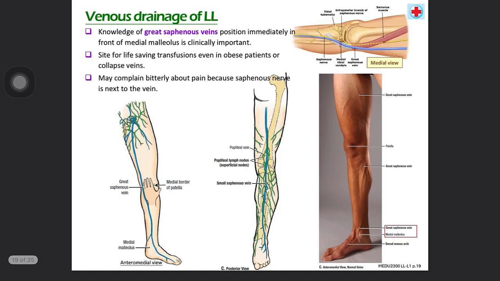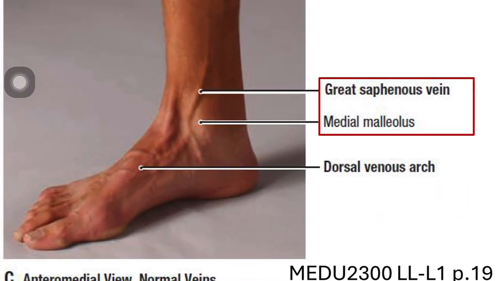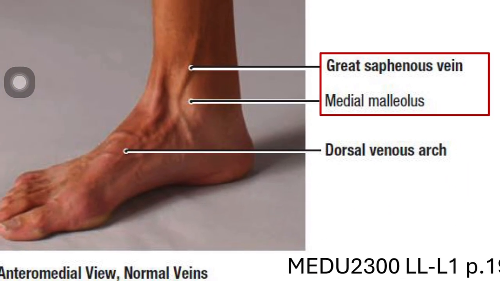For the venous drainage of the lower limbs, you have to know the location of the great saphenous vein. It is positioned immediately in front of the medial malleolus.